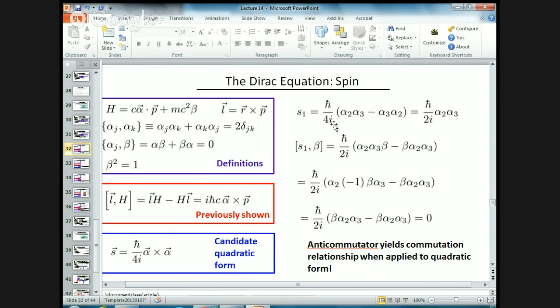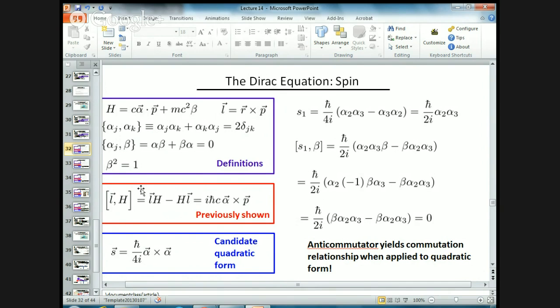So here's S1. It's just alpha 2, alpha 3 minus alpha 3, alpha 2. Well, this is just proportional to alpha 2, alpha 3 because we have the anti-commutator. So now what's the commutator of this with beta? Well, it's alpha 2, alpha 3 beta minus beta alpha 2, alpha 3.